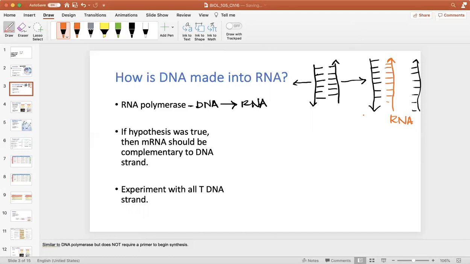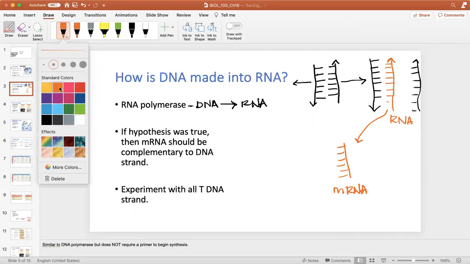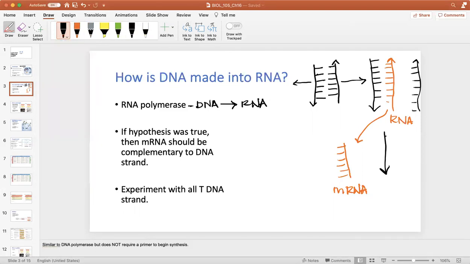We're going to go into the specifics of this process, but essentially this single strand of RNA is going to go off by itself. This single strand of RNA can be messenger RNA as well as other types of RNA. Once this strand leaves, the DNA re-anneals, which is a fancy word for sticks back together.